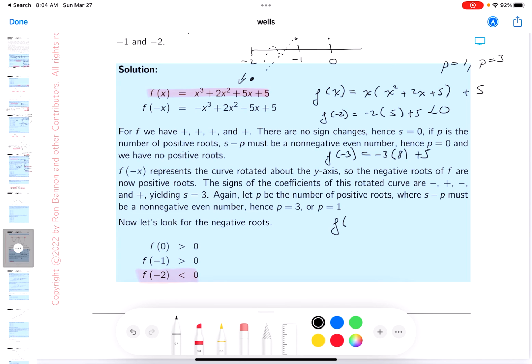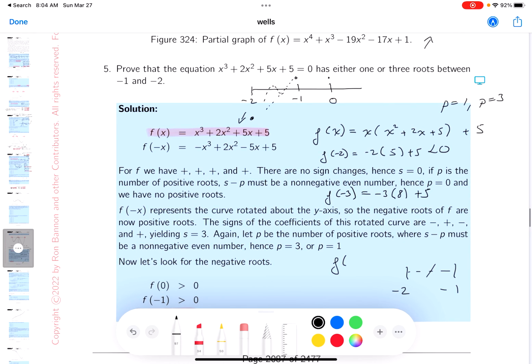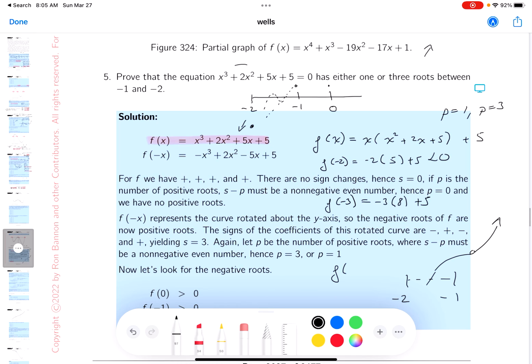So what do I know about this thing over here? If there is a root, it's got to be between minus 2 and minus 1. But it's always going to be negative over here. I know that it has to go through this. And then after that, it's up there at the y-intercept and then sails off like this. And why is that sailing off like that? Look at it.